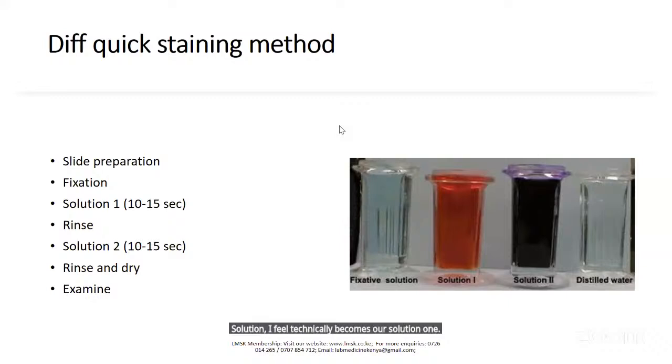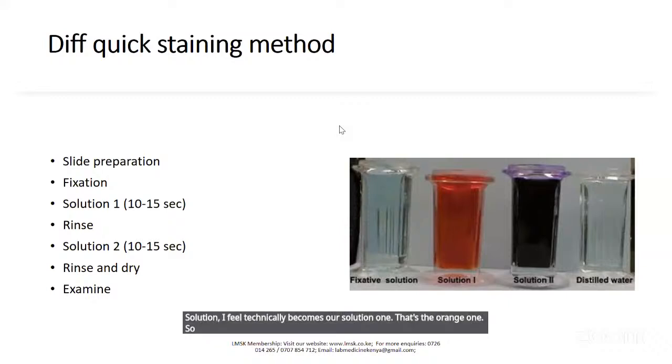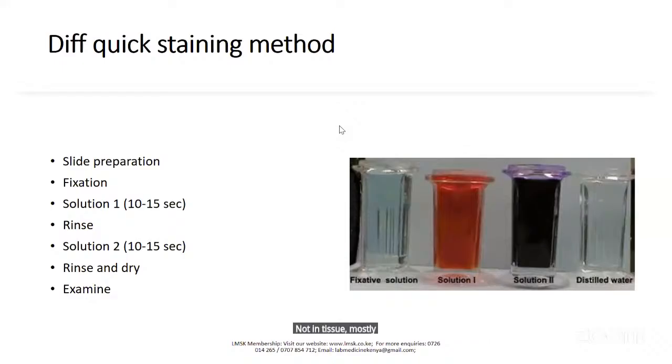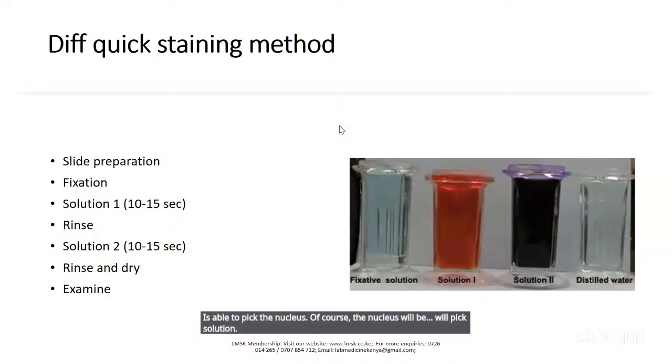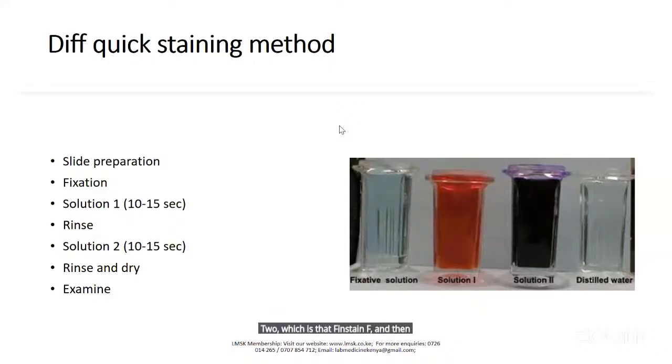That's the orange one. It mostly stains the cells, not tissue. But now, one stain is able to pick the nucleus. The nucleus will pick solution 2, which is field stain A, and then the background picks solution 1. Just that basically. Hope it helps.